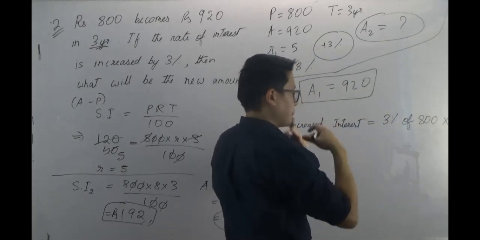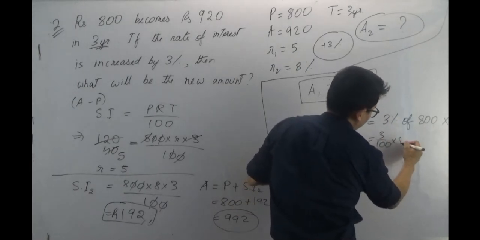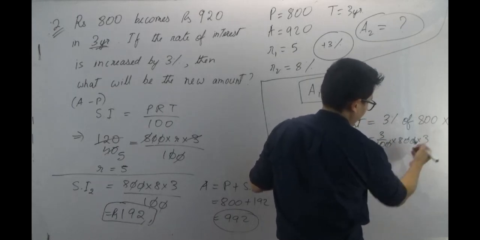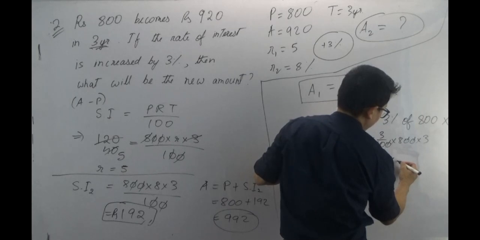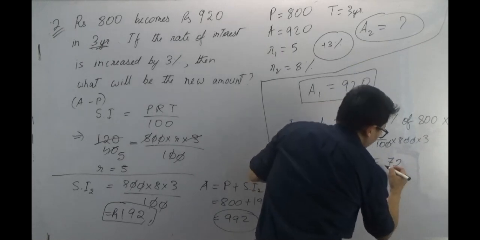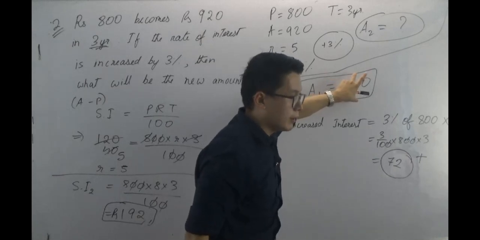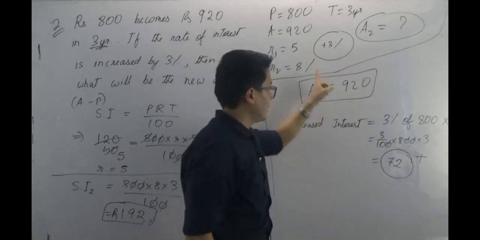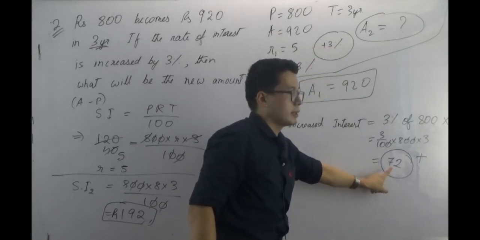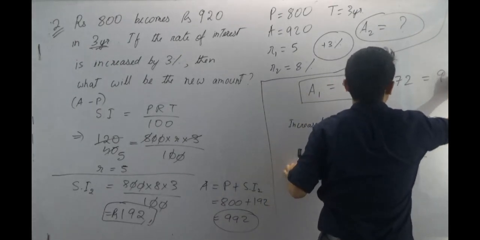So 3 by 100 into 800 into 3. 3 eights are 24, 24 into 3 is 72. So 72 is the interest from the 3% increase. So I just have to add 72 to 920 and I get 992.